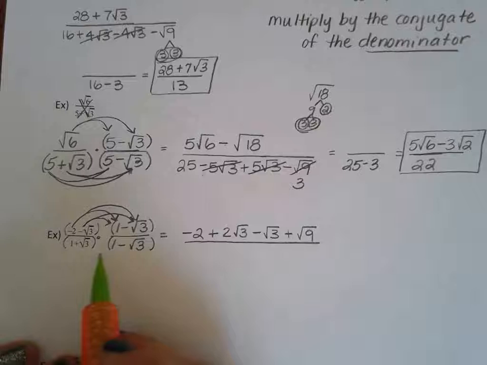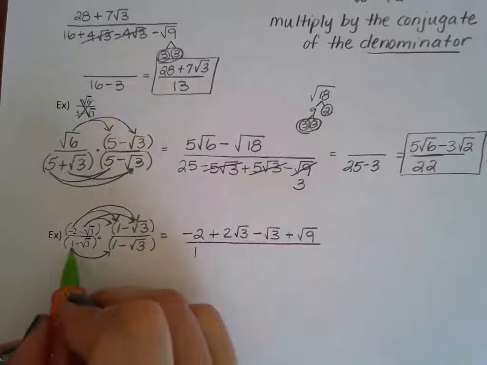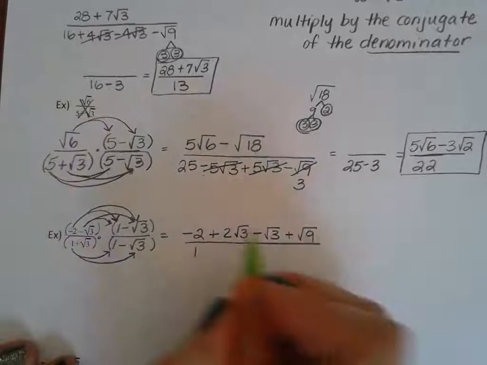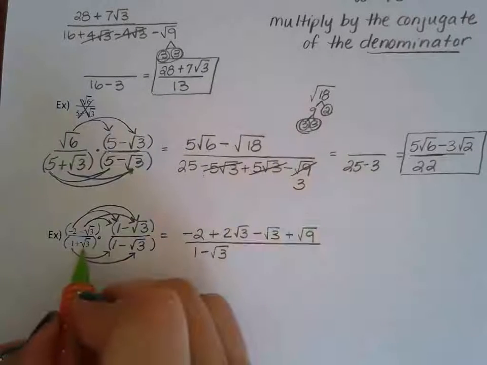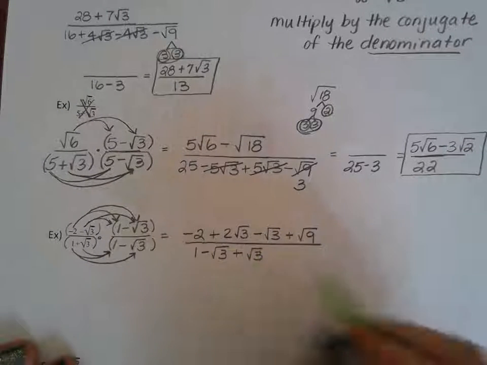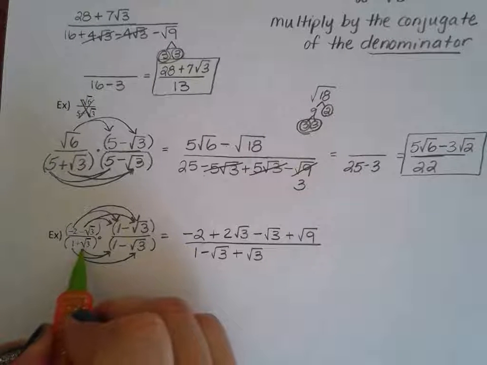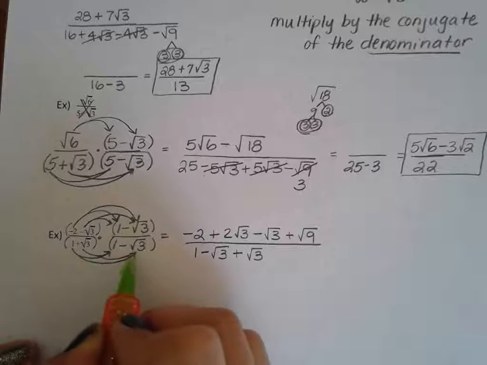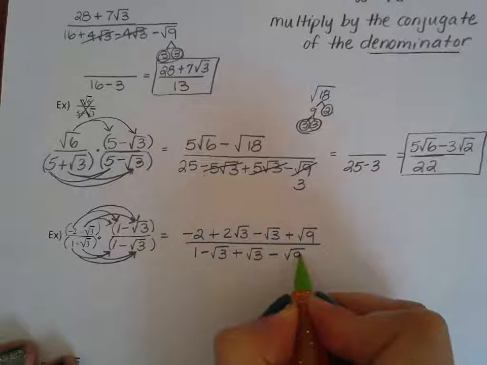Let's multiply the bottom. 1 times 1 is 1. 1 times negative root 3 is negative root 3. Root 3 times 1 is positive root 3. And then positive root 3 times negative root 3 is negative root 9.